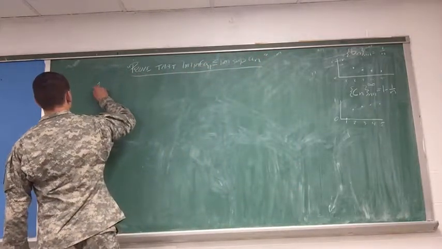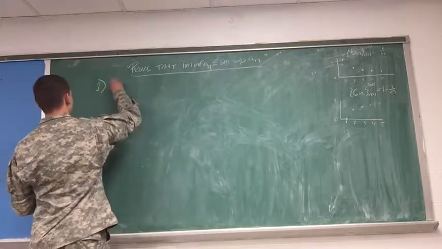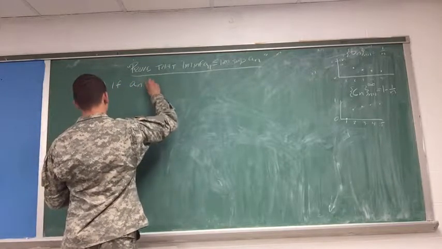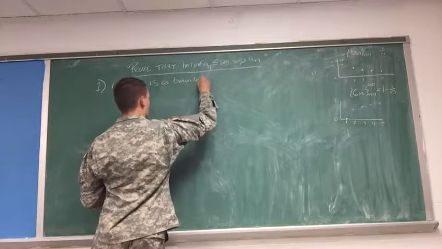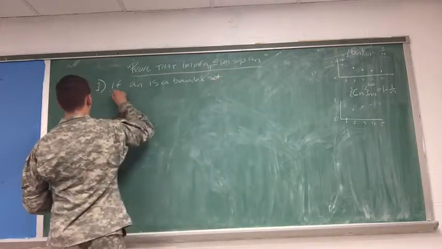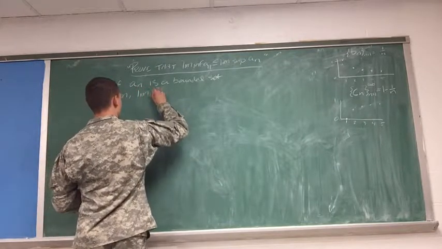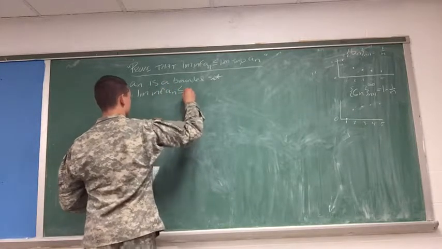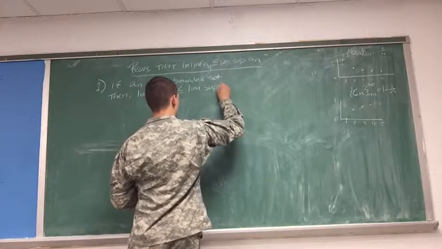Step 1, my if-then statement is going to be: if a sub n is a bounded set, then limit inf a sub n is less than or equal to the limit of the sup of a sub n.